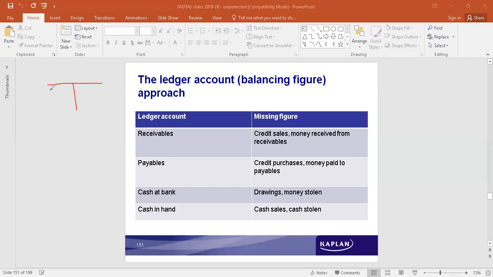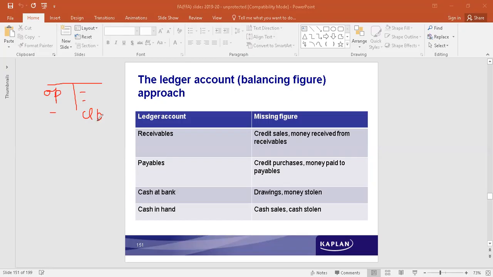If it is an asset, it will be on the debit side, liabilities on the credit side, incomes on the credit side, expenses on the debit side. So there would be an opening balance, and we keep posting the other transactions into the ledger accounts. It should match when the closing balance is recorded.